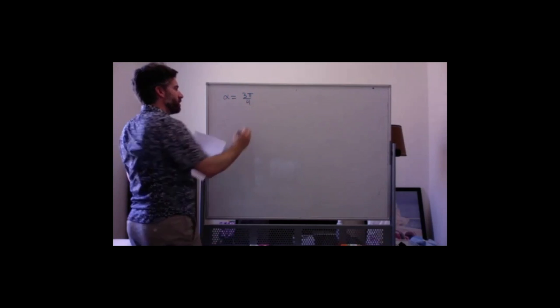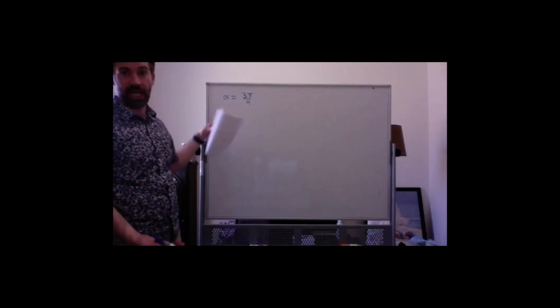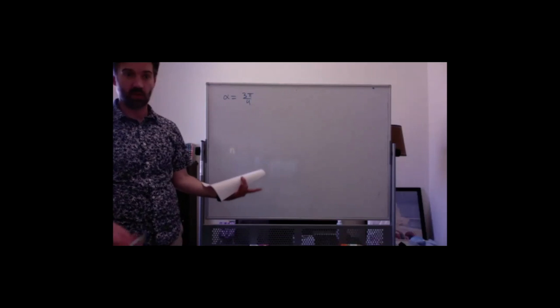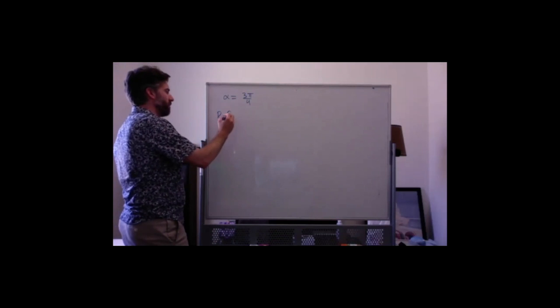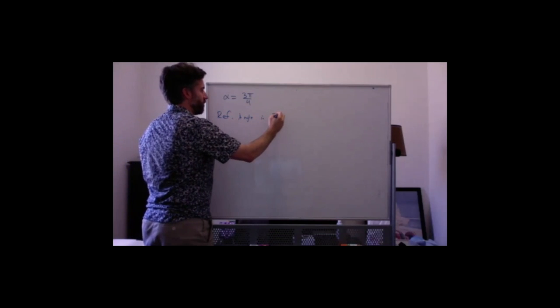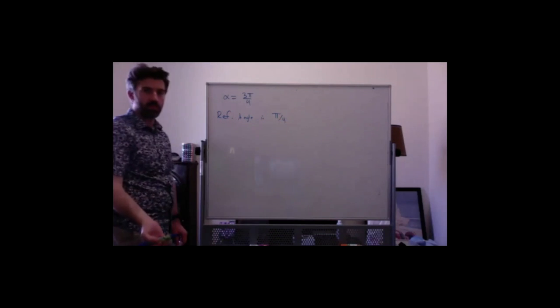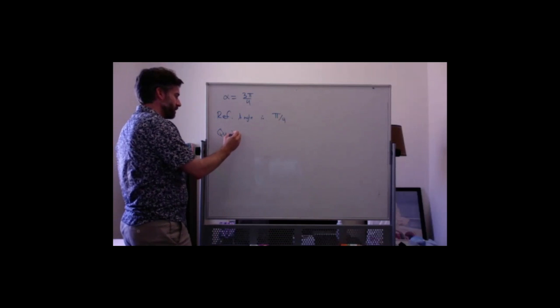So let's look at alpha equal to 3 pi over 4. I didn't even have to think about it, since this fraction is reduced, right? I can't reduce 3 over 4 any further. There's no common factors. I know my reference angle is pi over 4. And I know my quadrant is what?